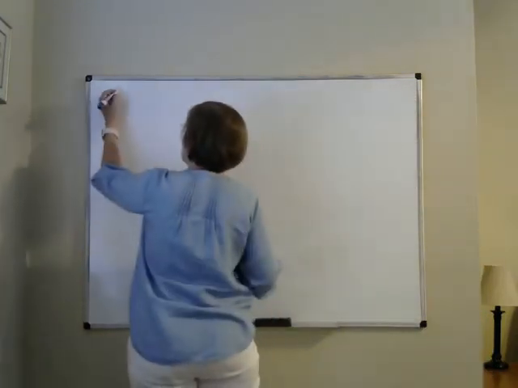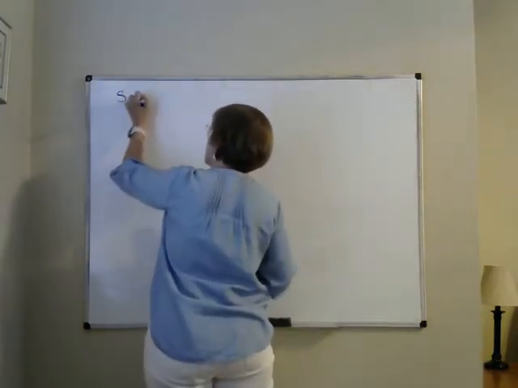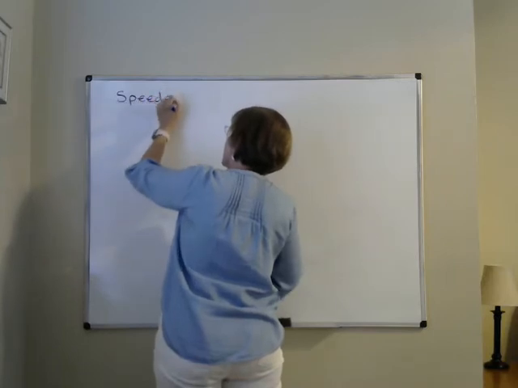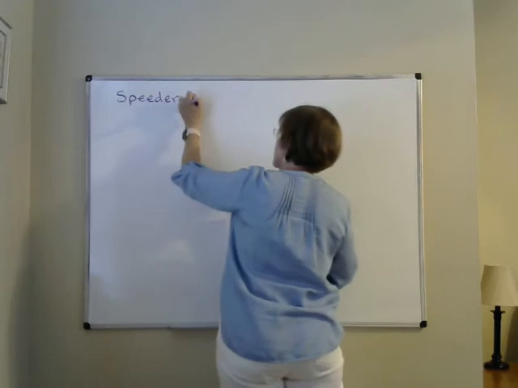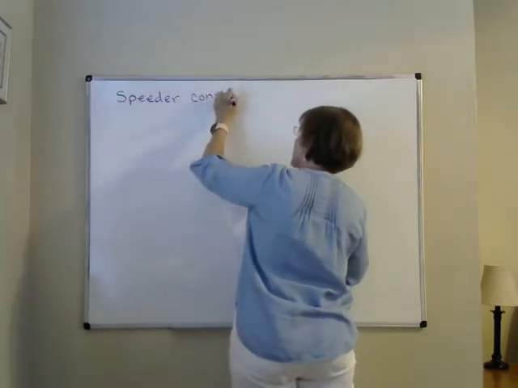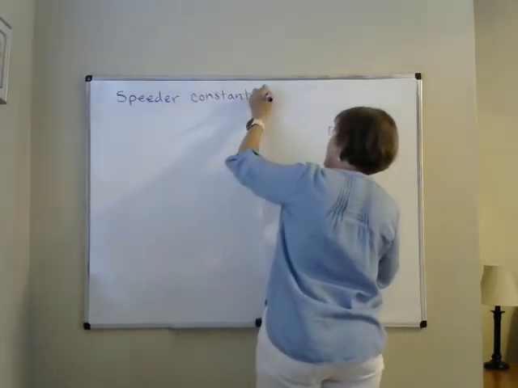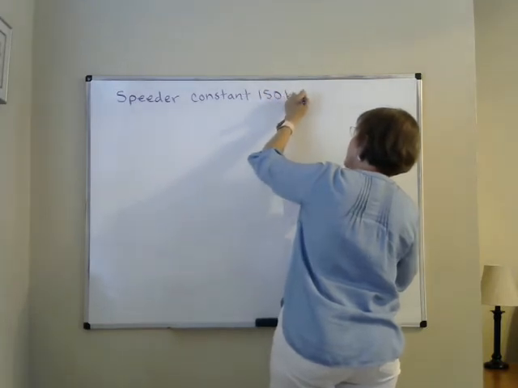Okay, we have a speeder that happens to be traveling at a constant 150 kilometers per hour.